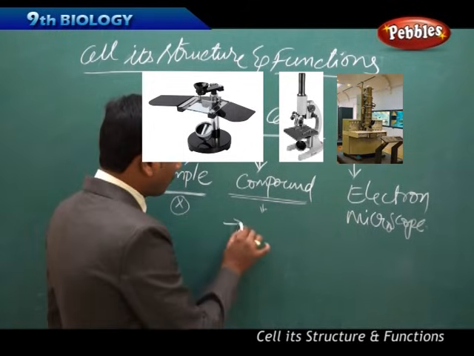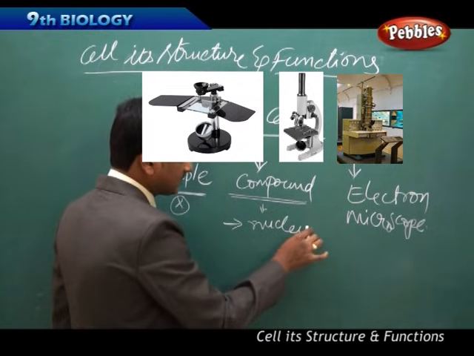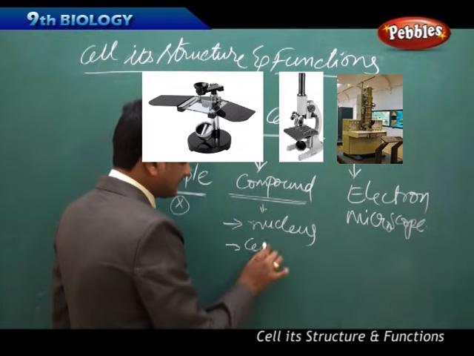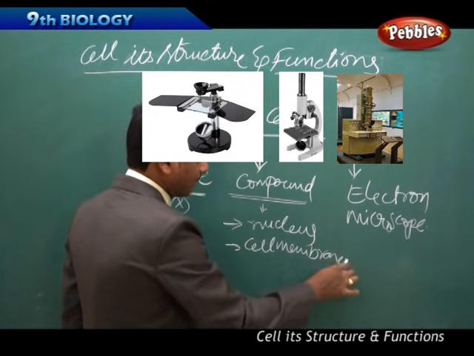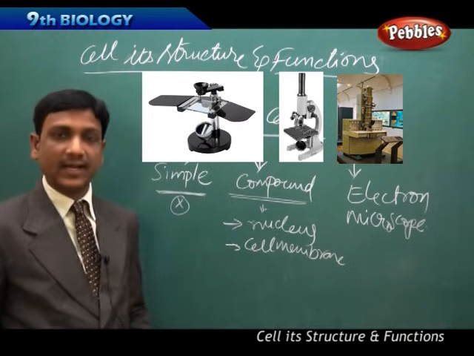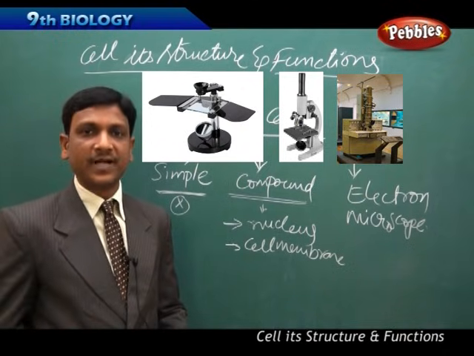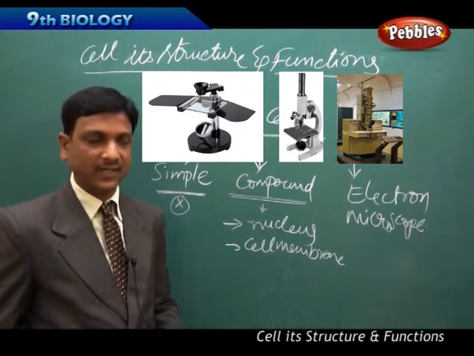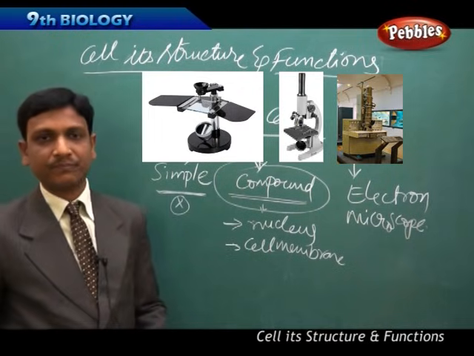So by using a compound microscope, we can observe the nucleus, cell membrane, etc. But if you wanted to study all the other parts like mitochondria, Golgi apparatus, endoplasmic reticulum, and so on, it is not possible by using a compound microscope.